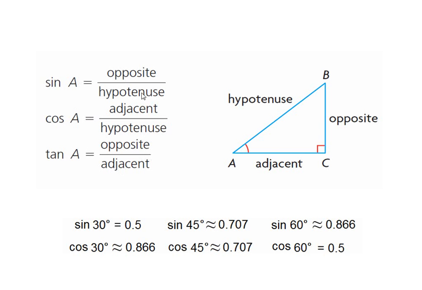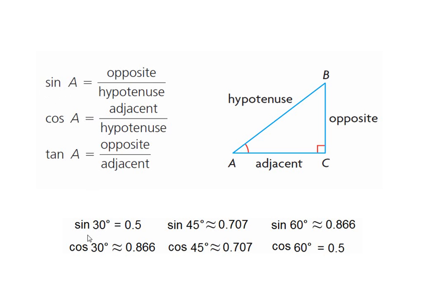Although these trigonometric ratios are defined in right triangles, the value of the sine, or all the trigonometric ratios, is determined by the amount of the angle.